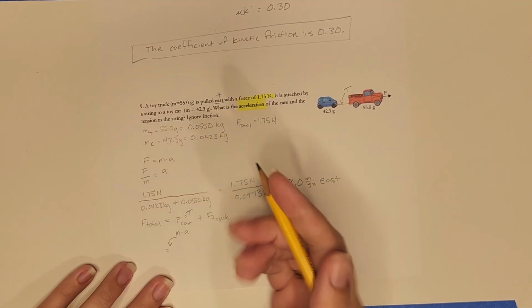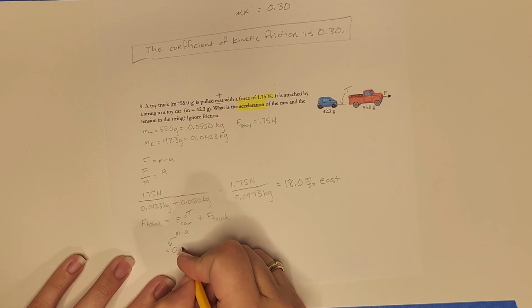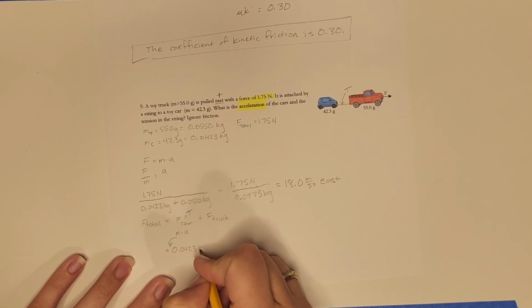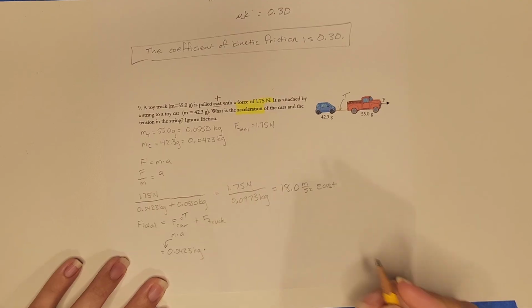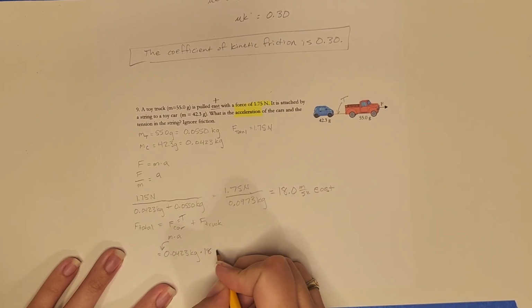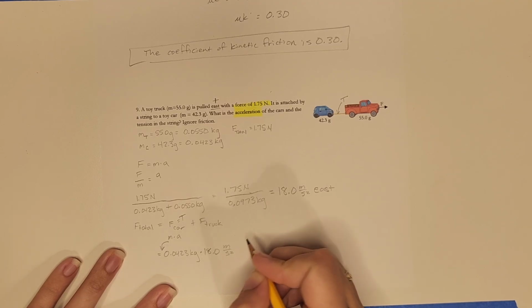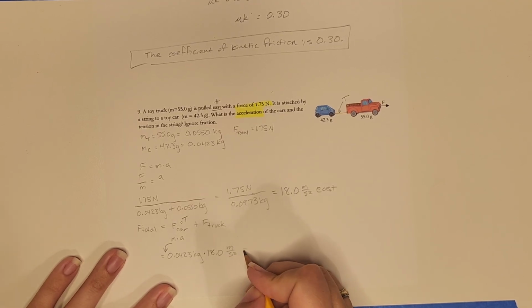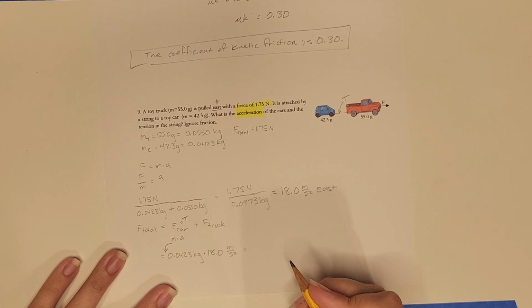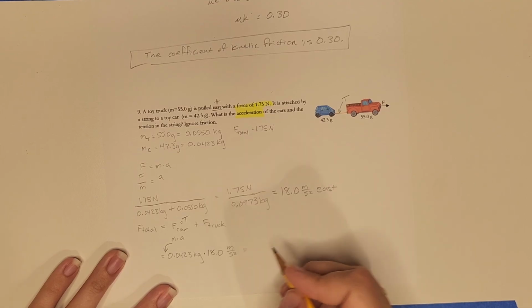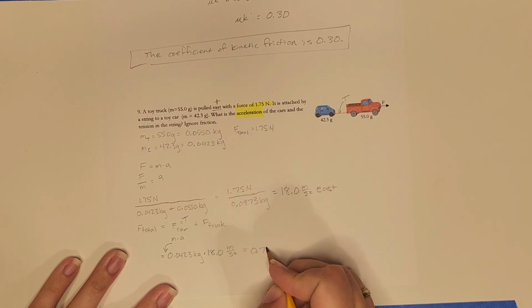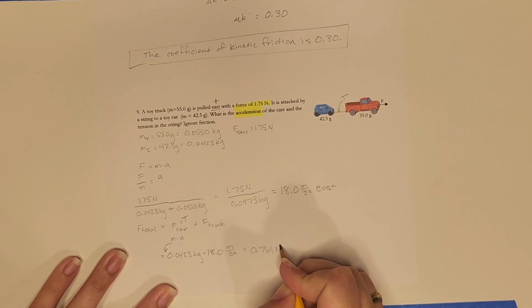Equals 0.0423 kilograms times 18.0 meters per second squared, and that is going to give us 0.761 newtons.